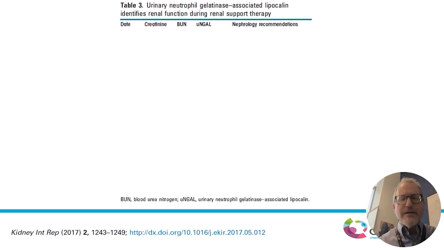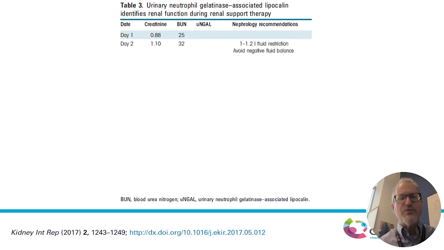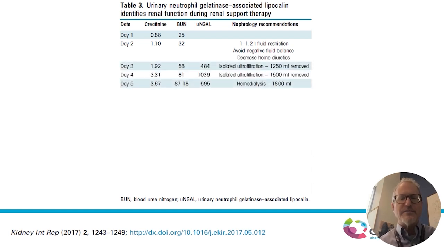So let's look at his course with creatinine, BUN, and urine NGAL. On day 1, his creatinine was 0.88, his BUN was 25. Then on day 2, his creatinine bumped a little to 1.1, and we recommended a 1 to 1.2 liter fluid restriction, but we wanted to avoid negative fluid balance.